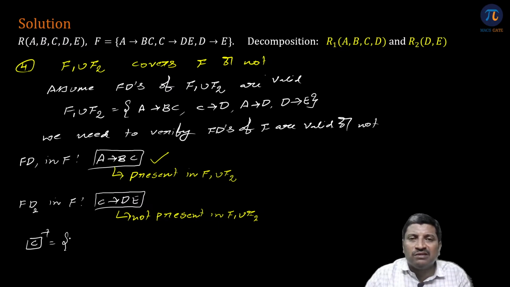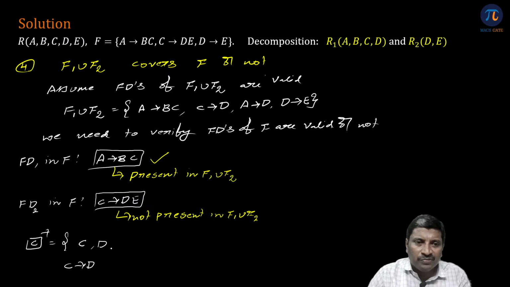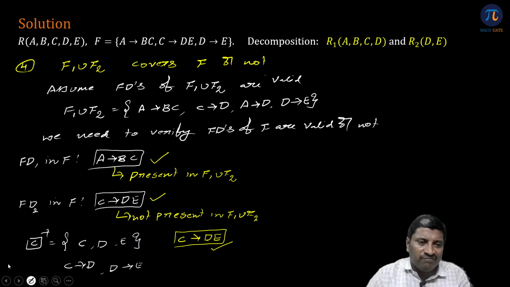To find the closure, we need to use the FDs of union only. Please keep this point in mind, right? So with the C, I can get C. With the C, I can get D. Then with the D, I can get E. Anything else possible, sir? No. So the closure contains this one. Now the question is, since with the C you can get D, E, can I say this is valid or not? Yes, this is valid. So the second FD is valid.